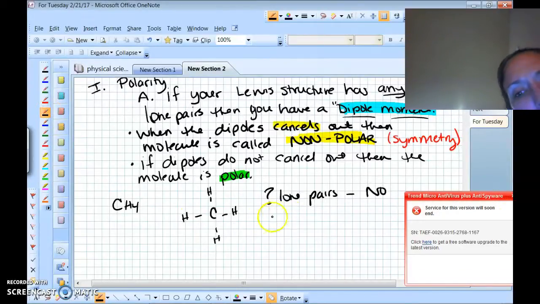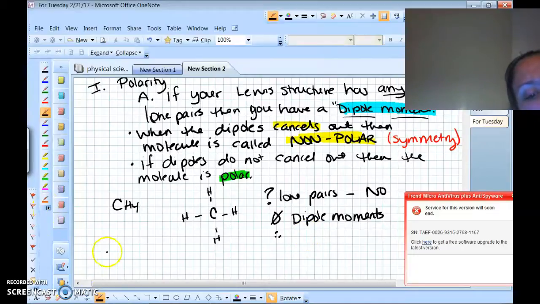Hold on, the pen stopped working. There we go. We have 0 dipole moments. If you have 0 dipole moments, you are automatically nonpolar. There we go. Simple enough.